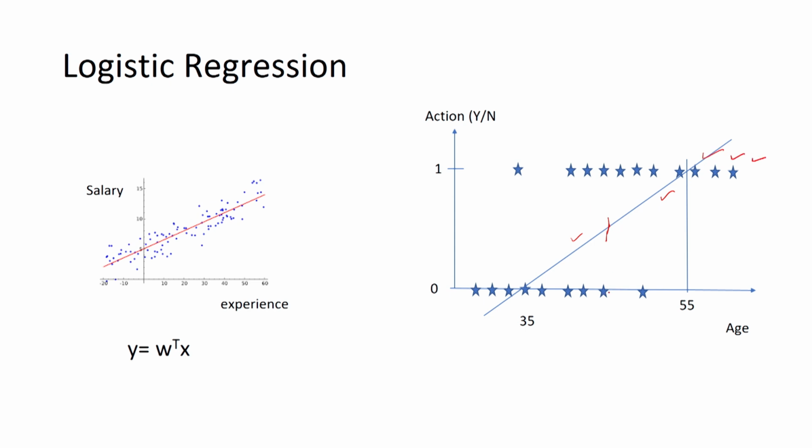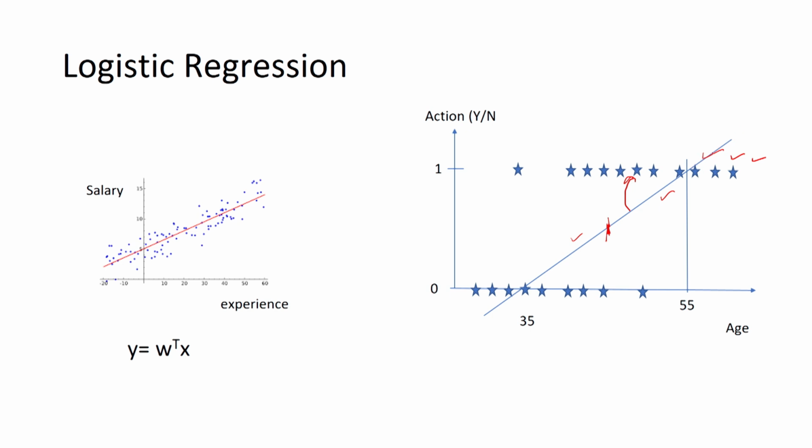So, for all those persons where age is greater, if the value of the simple linear regression model that we have learned is greater than 0.5, then we will map these values to 1. For all the persons of age 35 to 55, it is correct, but if we talk about persons with age greater than 55 or persons with age less than 35, here we are getting values that are greater than 1.